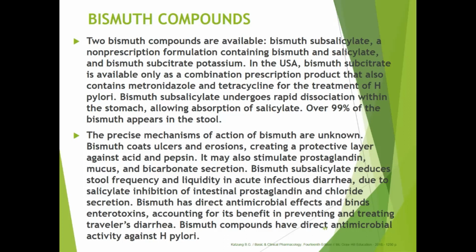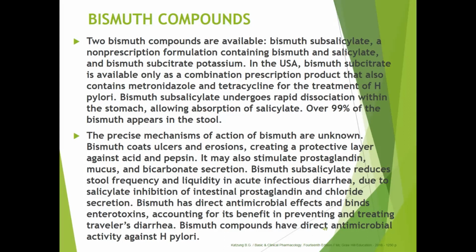Bismuth salicylate reduces stool frequency and liquidity in acute infectious diarrhea due to salicylate inhibition of intestinal prostaglandins and chloride secretion. Bismuth has a direct antimicrobial effect and binds enterotoxin, accounting for the benefits in preventing and treating travelers' diarrhea.